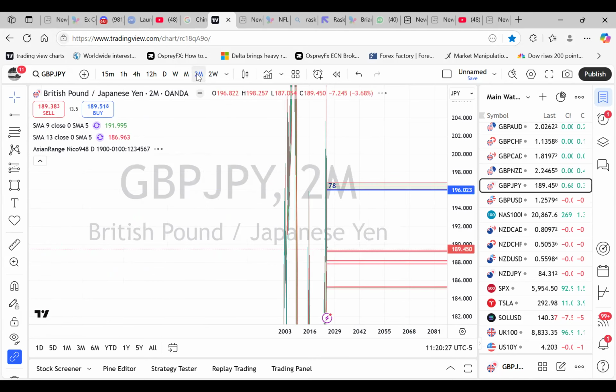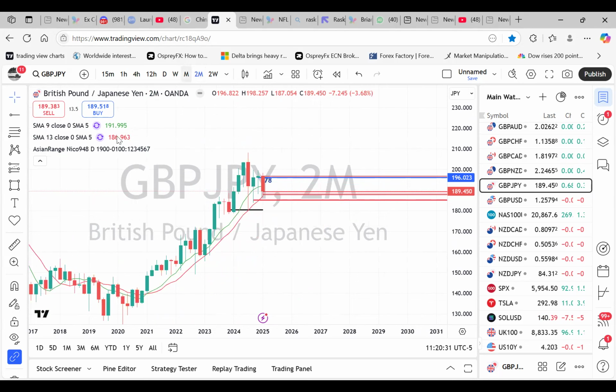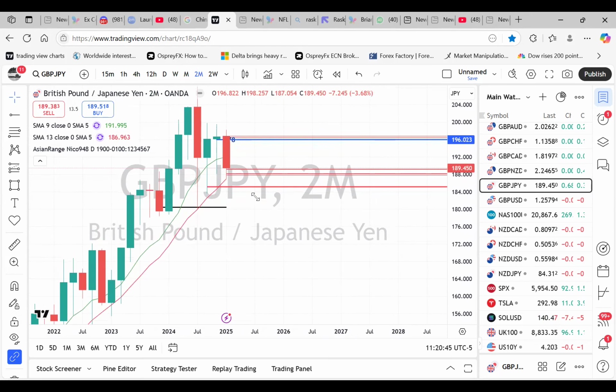All right. So what I do know is we were getting a 2 month bearish OB for all intents and purposes. Some people won't call this a bearish OB, but for me, this is the 2 month bearish OB.